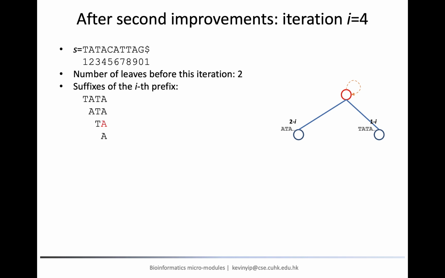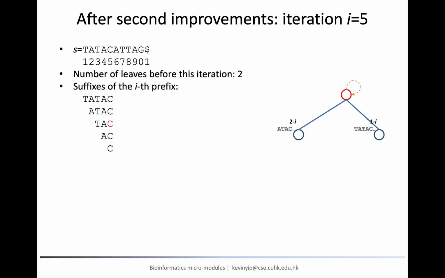Then in iteration 4, we skip the first two insertions. The third insertion is about the suffix TA. The current node already has a child with a label starting with T, and the second character of it is also A. Therefore, it is a type C insertion, and we can end the iteration directly.